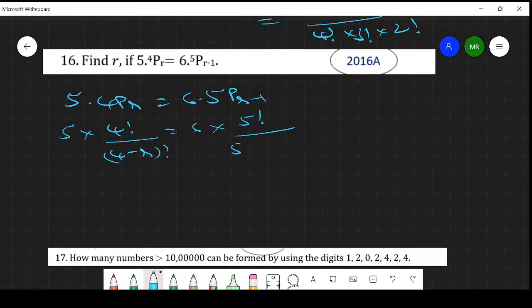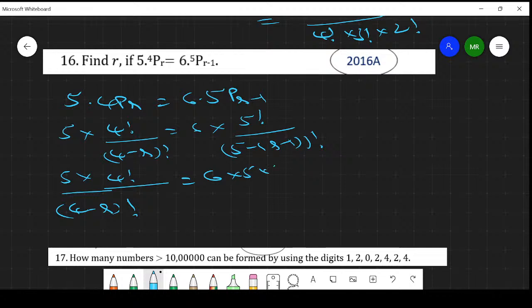Simplifying, 5 minus (r minus 1) is 6 minus r. So the left side is 5 into 4 factorial by (4 minus r) factorial, equal to 6 into 5 factorial by (6 minus r) factorial.